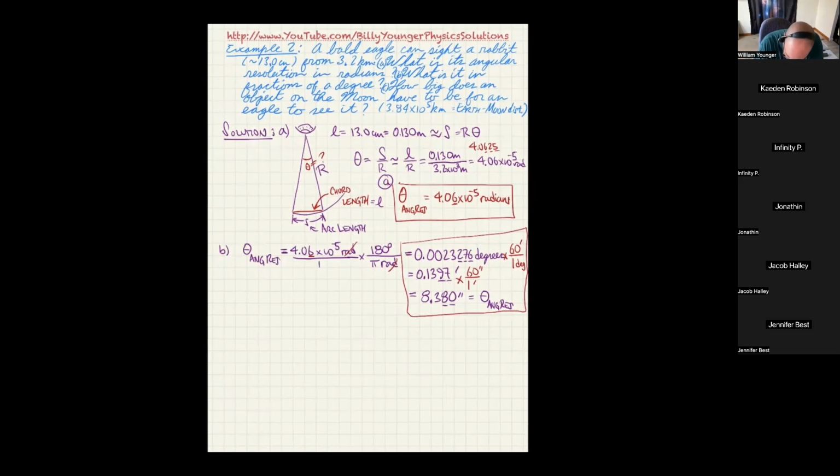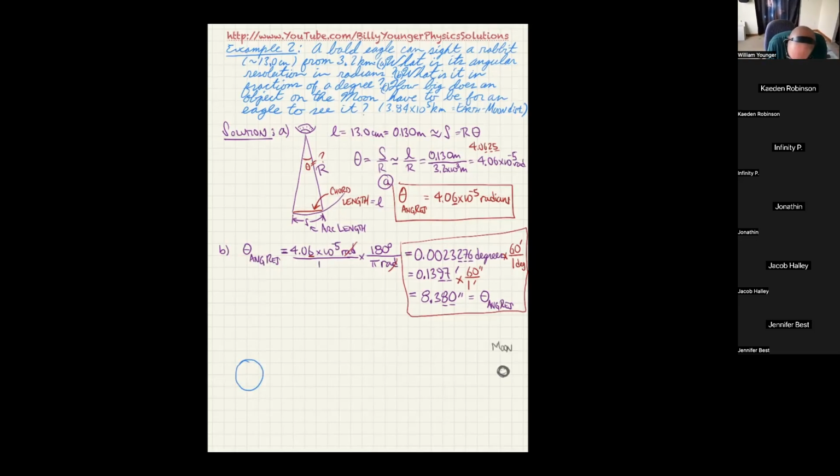So what I'm going to do is imagine the Earth is right here, and I'm going to imagine the moon is way over here. And this, of course, is not to scale by any stretch of the imagination. In fact, what you need to know is whatever the radius of the Earth is.